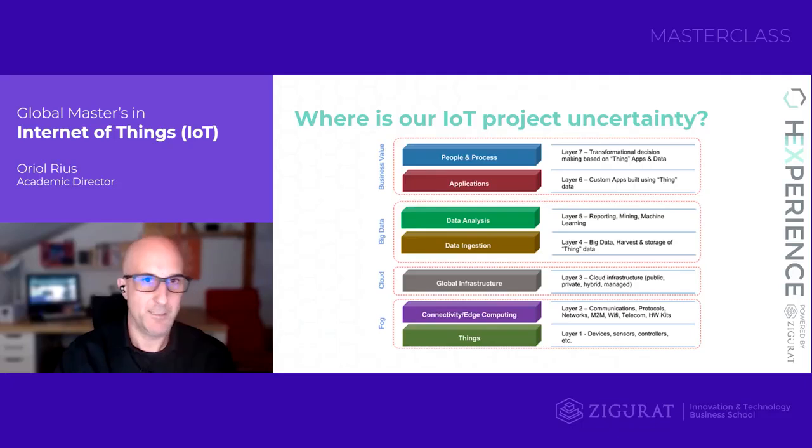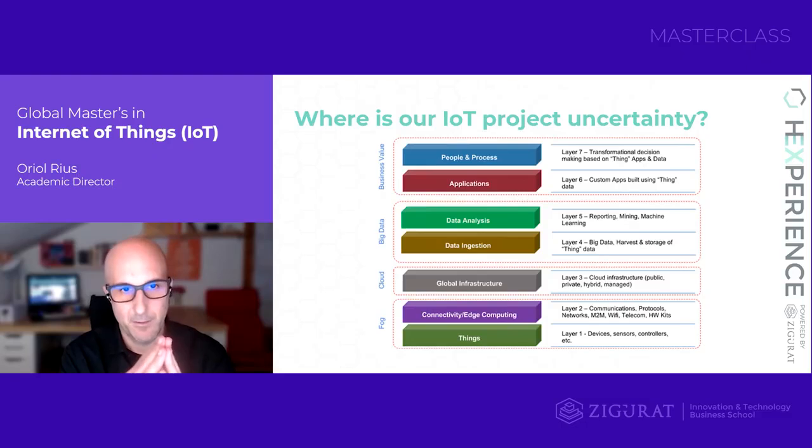So what's the reporting system that we're going to implement? What are the machine learning techniques that we can use for extracting value from the data? So again, more and more uncertainties for validating. But at the top of the stack, we have the business value.